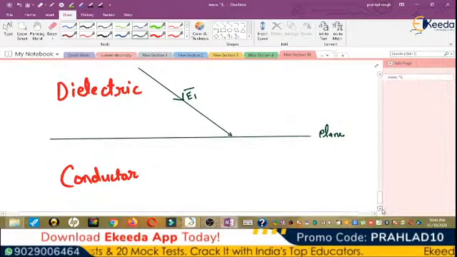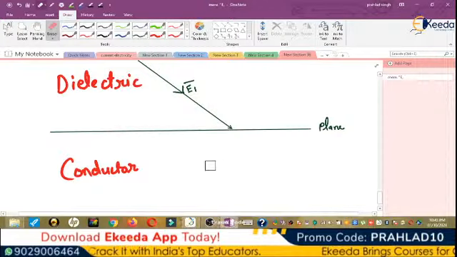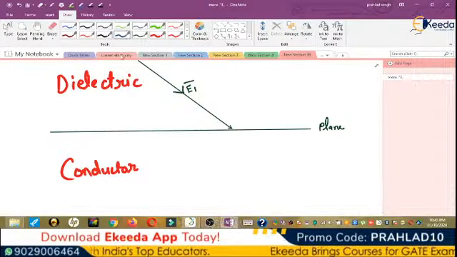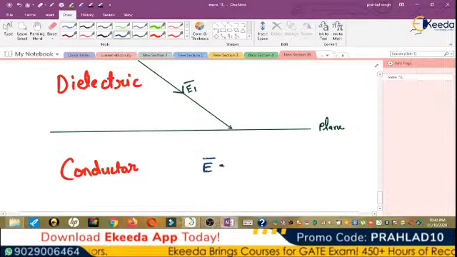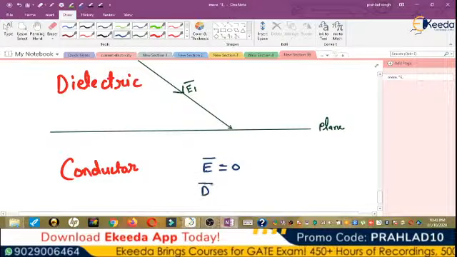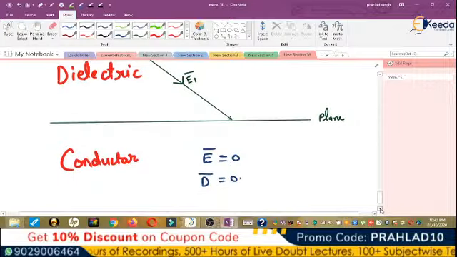This is E1. So in the conductor, electric field is 0 as well as flux density is also 0.